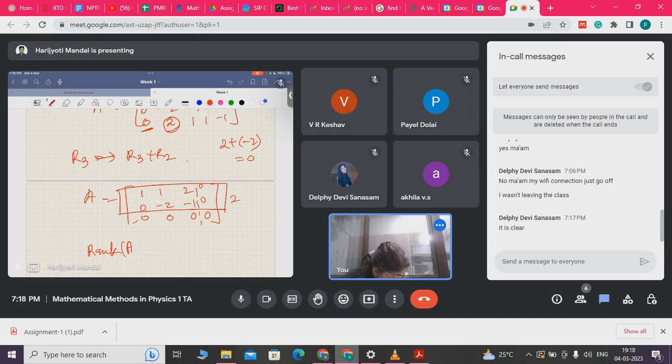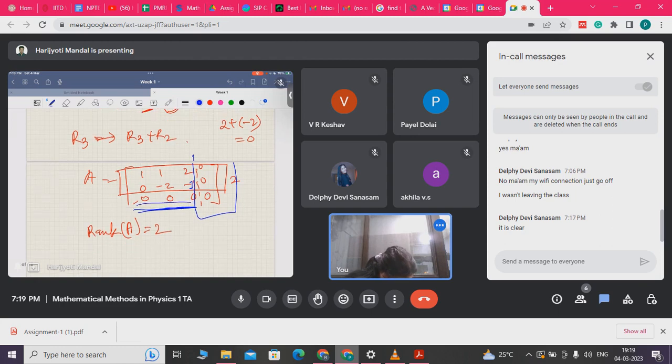Okay, so only 2 rows exist. The rank of A will be 2, and from here if we omit this part, it is matrix M. For matrix M also this row is already 0.